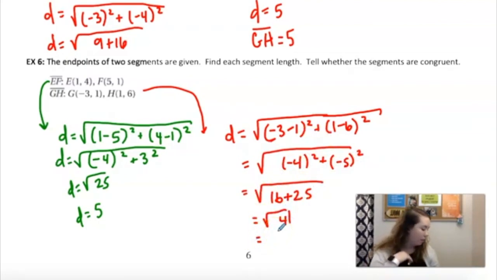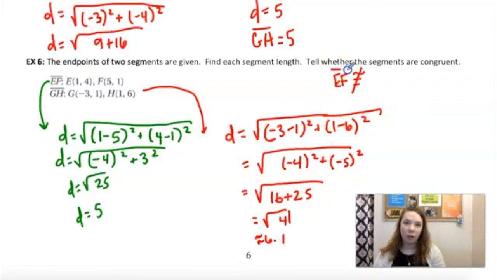I'm going to go ahead and simplify that in my calculator. It is approximately 6.4. So EF is not congruent to GH. They have different lengths. If they were both 5 or both approximately 6.4, then they would be.